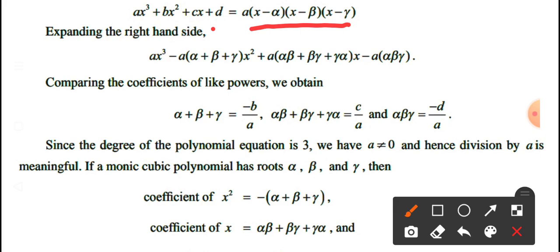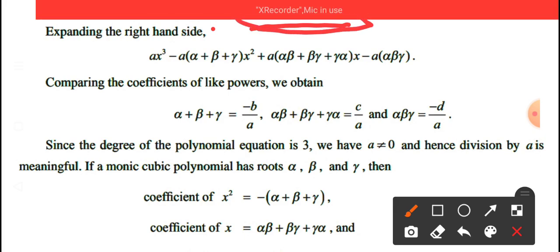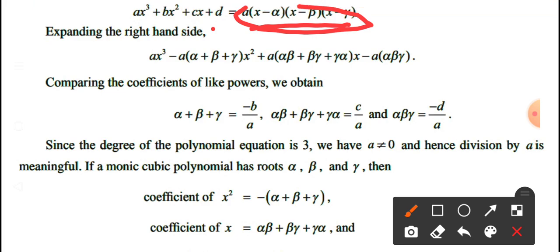Now, expanding the right hand side, we have ax cube minus a into alpha plus beta plus gamma into x square plus a into alpha beta plus beta gamma plus gamma alpha into x minus a into alpha beta gamma.